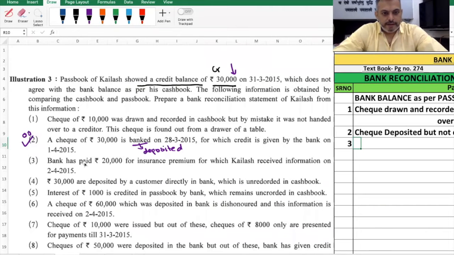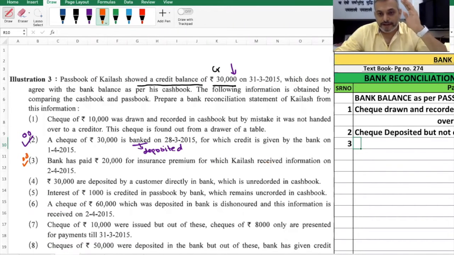Third, बैंक has paid 20,000 for insurance premium for which Kailash received information on 2/4/2015. Now, please pay attention, these are all important transactions. Wherever dates are given, please be extra careful.